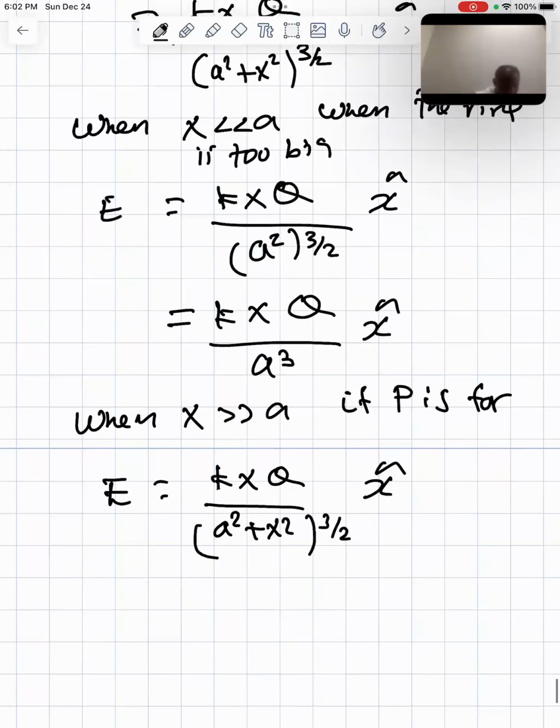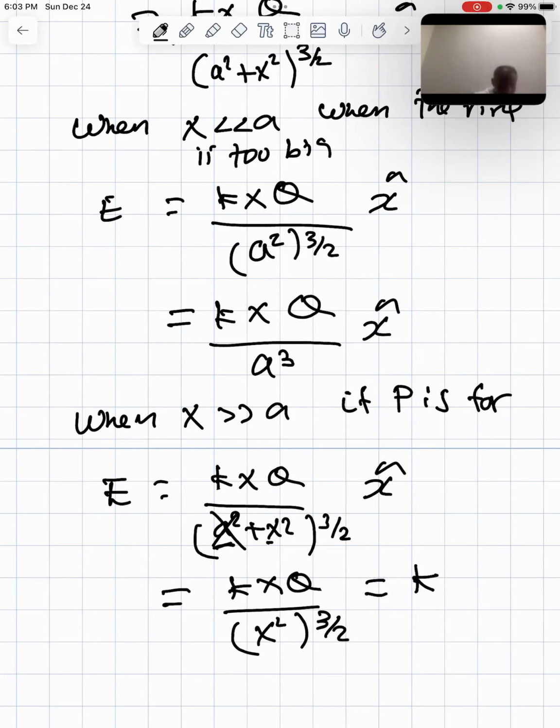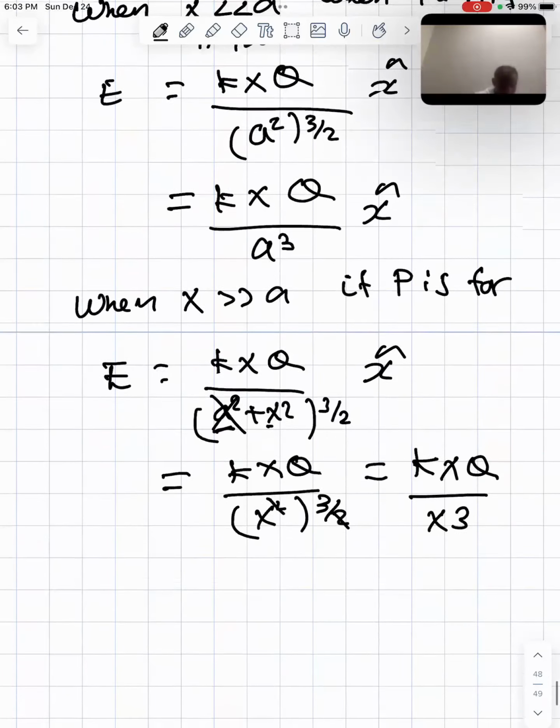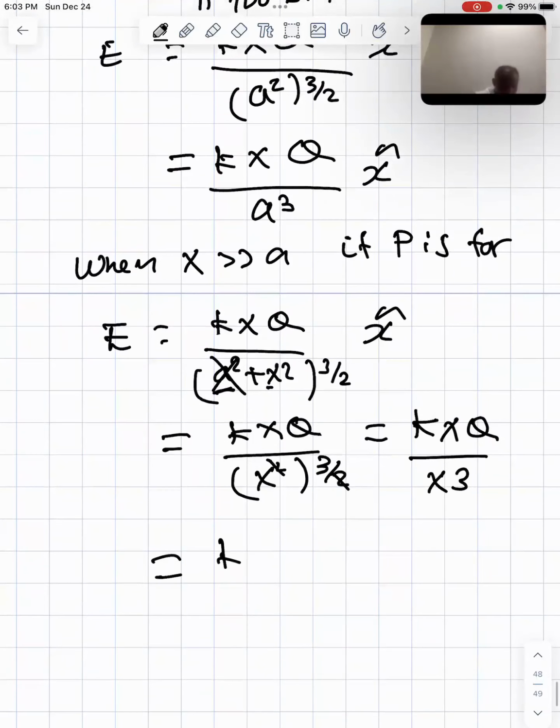But now you are far, so you can neglect that compared to x. Physics is approximation always. Physics is a science of approximation. So kxq over x cubed, and then one x cancels with another. It's going to be kq over x squared in the x direction.